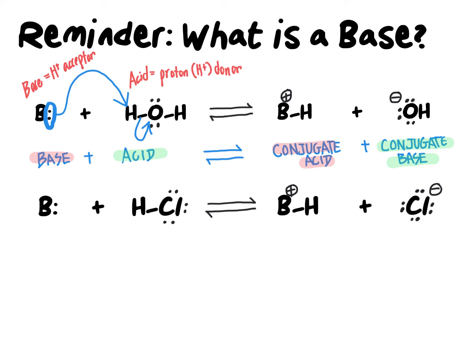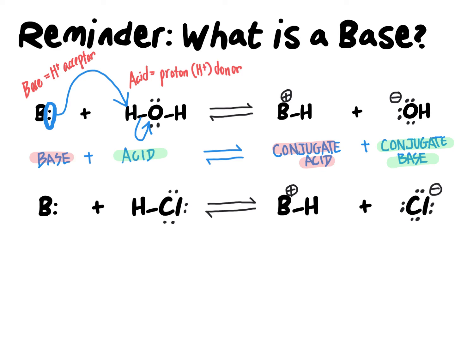I will be using throughout this video the terminology of base and acid for what's on the left side of the equation, and then conjugate acid and conjugate base for what's on the right side of the equation. What will always be the case is that the base on the left, once it picks up a proton, will become the conjugate acid. The acid on the left, once it loses a proton, will become the conjugate base.